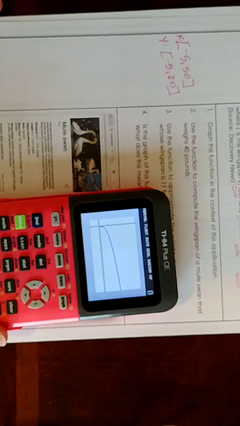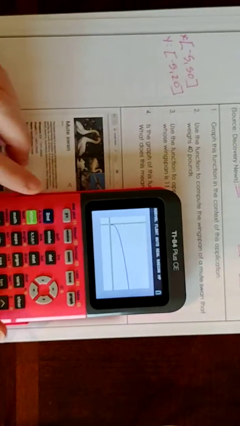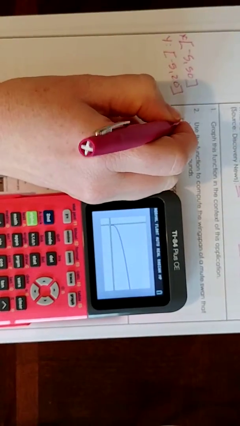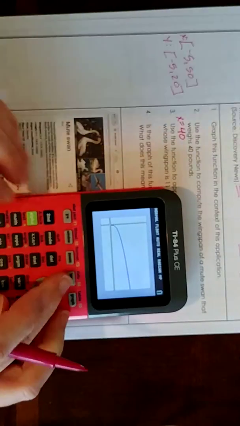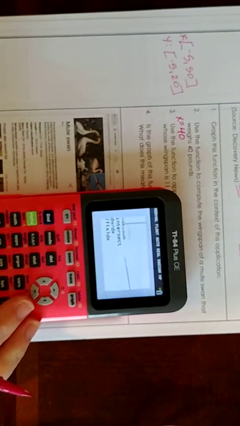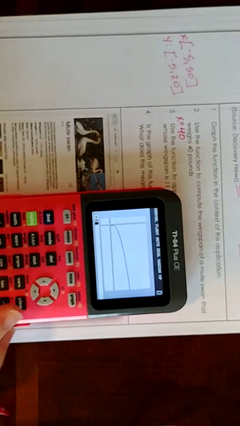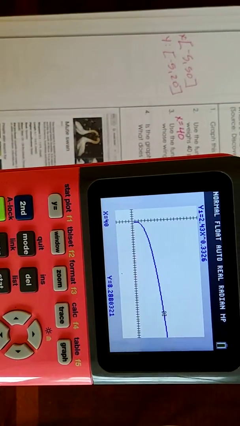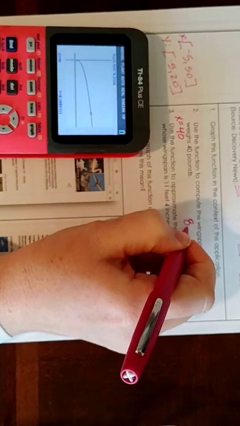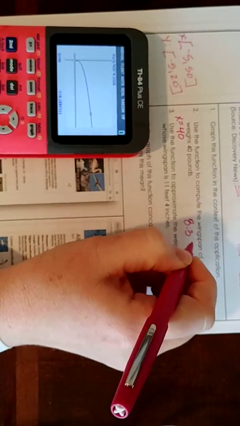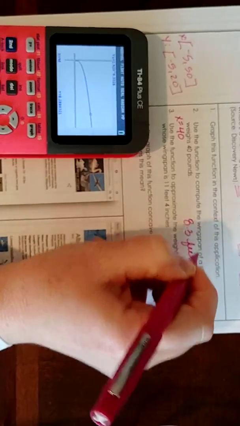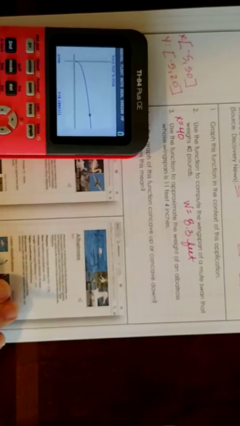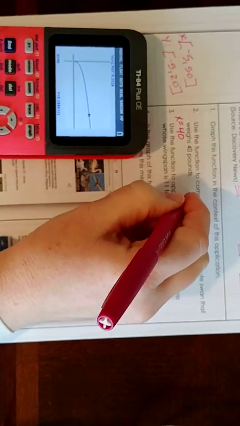Okay, if the thing weighs 40 pounds, that means that's my x. So I'm going to let x equal 40. Second calc value, 40. And I get that his wingspan is 8.3 feet. That's L. Okay?